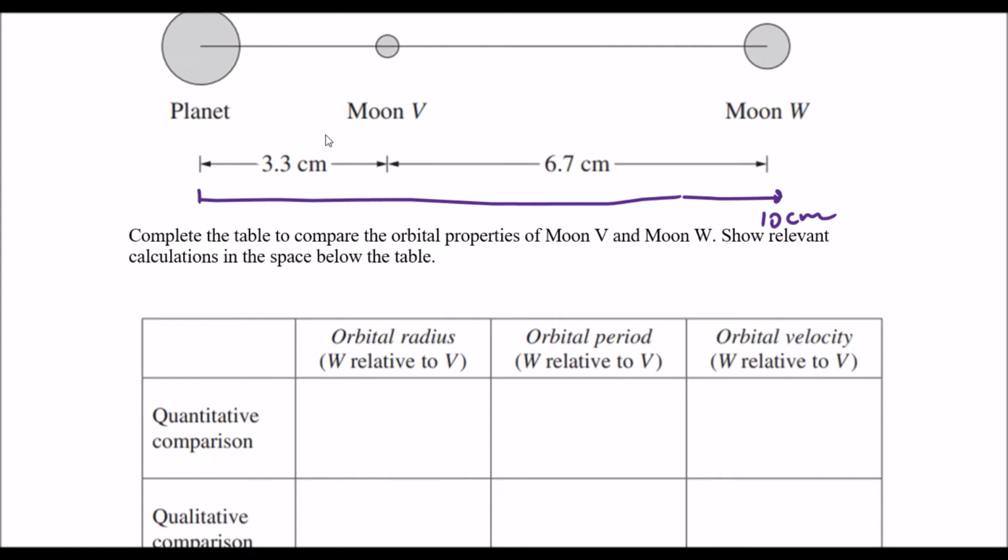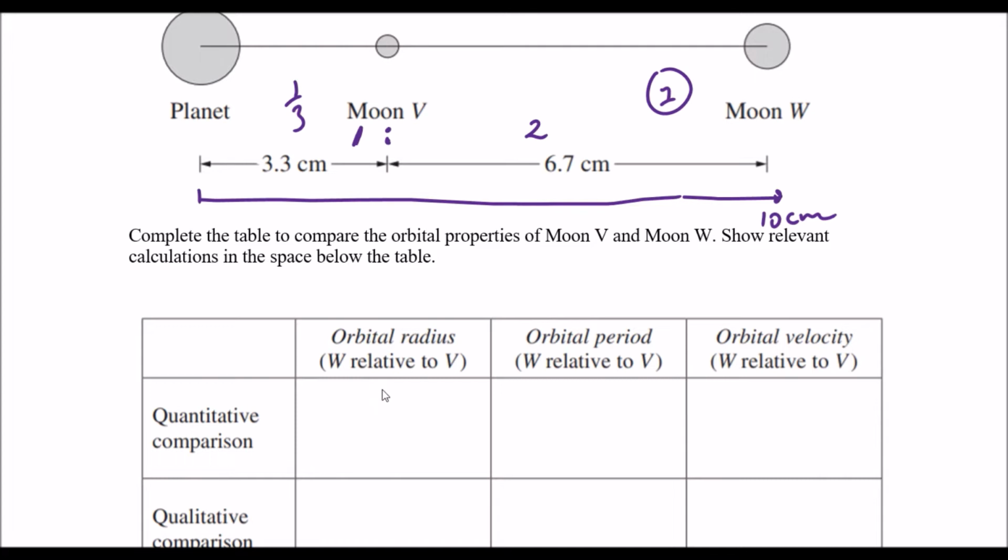If we break this down into a ratio, it's a 1:2 ratio in terms of the distance from planet to moon, and there's that difference there. So if this is a ratio of 1/3, this is the complete whole. So what we can say is moon W's orbital radius is at least 3 times as large as the orbital radius of moon V.